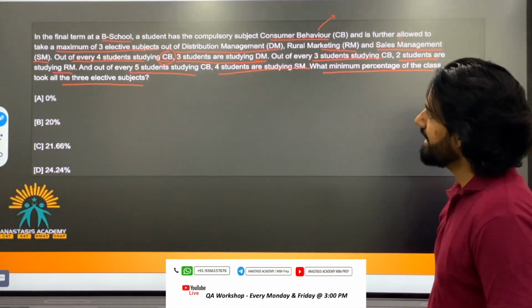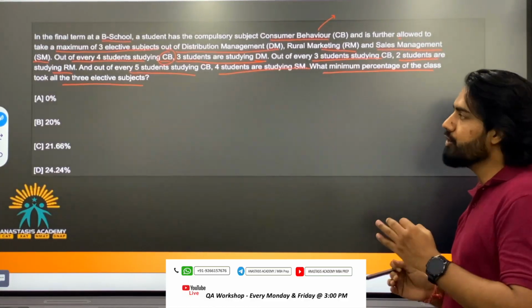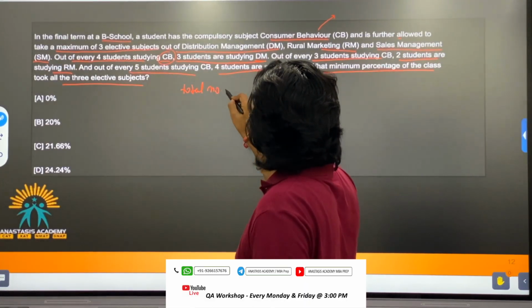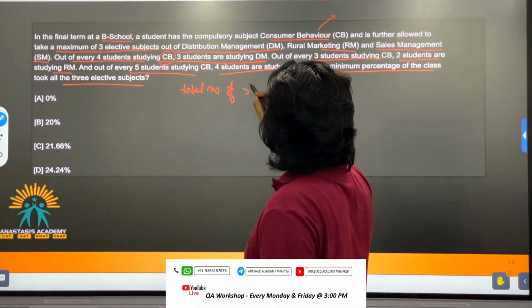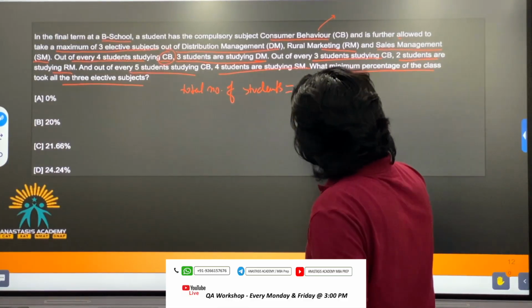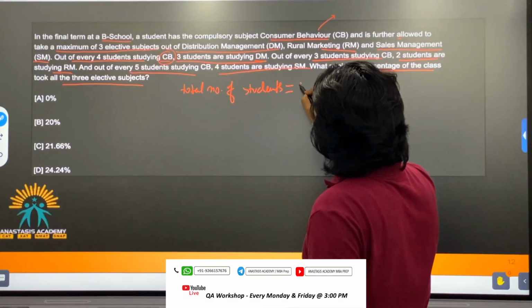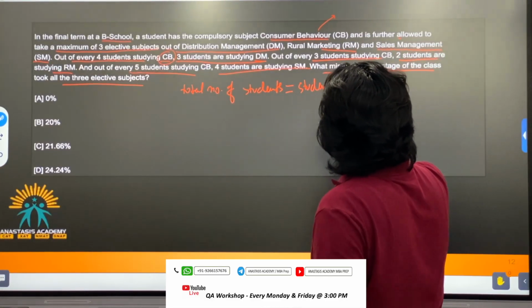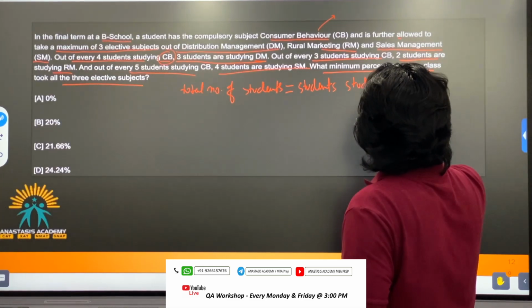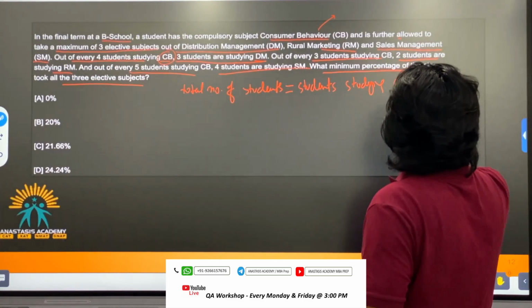So let's assume the total number of students, that would be equal to the students studying CV.